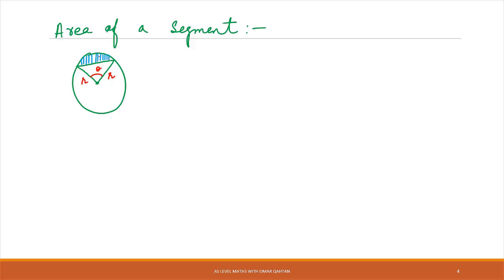If we have to find the area of this segment, as we know, this whole thing here till here is the sector. So what we'll do is subtract from the area of the sector. Area of sector is, we have already learned it, half R squared theta.